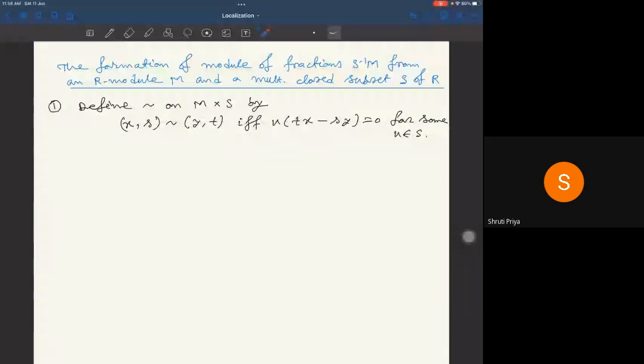So you have a commutative ring with identity and a multiplicatively closed subset S, and how can you form a module over S inverse R? This is the way. You first define this relation on these ordered pairs, and then you can verify that this is an equivalence relation.